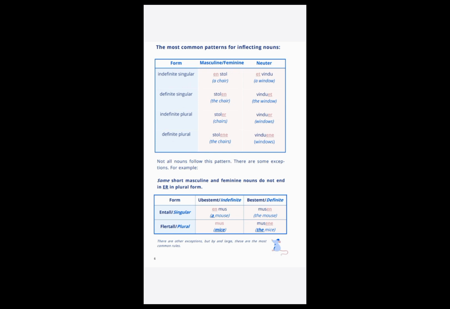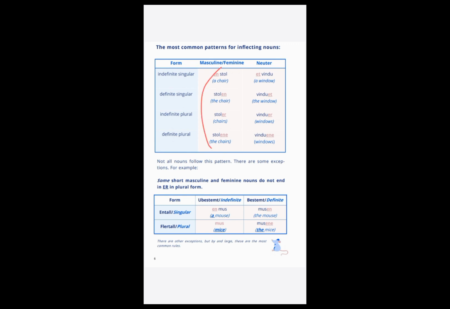Here indefinite singular en stol, and with neutral or intetkjønn we use et. Definite singular stolen, vinduet. You can see en becomes en at the end and et becomes et at the end. Indefinite plural stoler, the noun ends with er, vinduer, same. Definite plural, the noun ends with ene, stolene, vinduene.